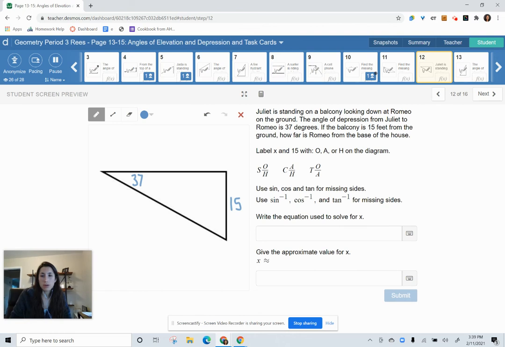How far is Romeo from the base of the house? So this would be our length here that we're looking for. So we have an opposite side, we have an adjacent side. So you can decide based on that, opposite and adjacent, which type of ratio we're going to use to set up that problem.